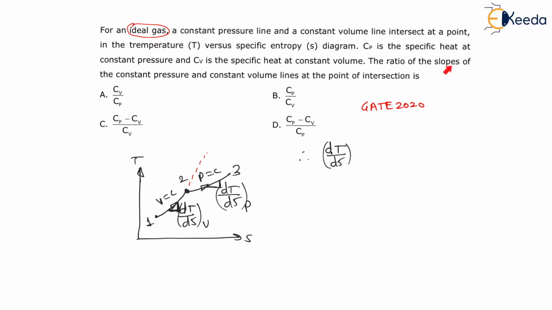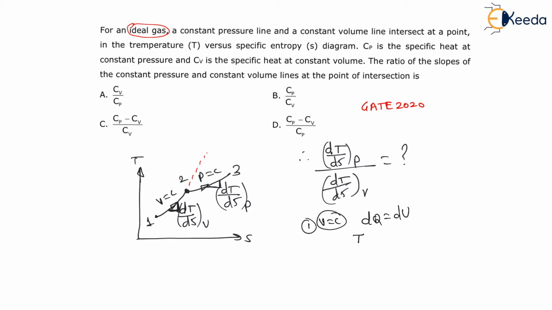They are asking what is the ratio of the slope of the constant pressure line, dT by dS of the constant pressure line, divided by dT by dS of the constant volume line, right? This question is there. Now my dear students, during the constant volume process and constant pressure process, what is the heat? Very first point, for the constant volume process, the heat dQ is nothing but the change in internal energy, which you have already seen in the first law of thermodynamics.